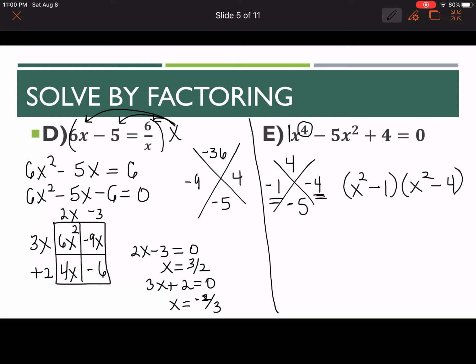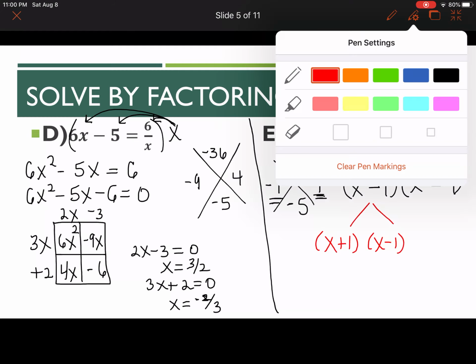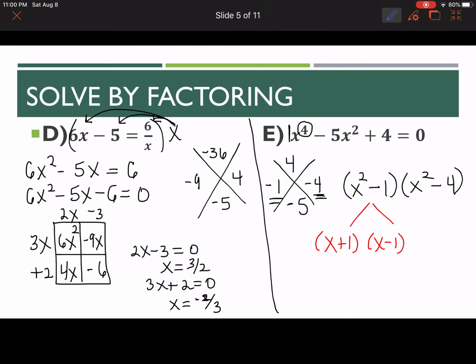And I'm not sure if you remember this pattern, but these are both the difference of two squares. So that's going to factor down to x plus 1 and x minus 1. And this one is going to factor down to x plus 2 and x minus 2. Okay.